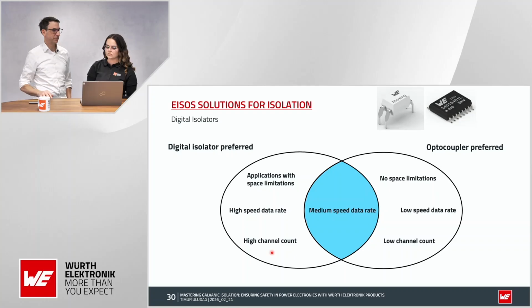We now have digital isolators with 150 megabits, but there are also data rates way higher. Or you might say 5 megabits is low. It depends on what you need, so to say low, medium, high in a real value, it refers to a certain value.